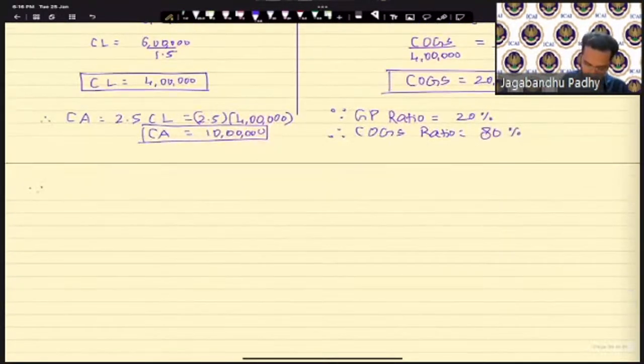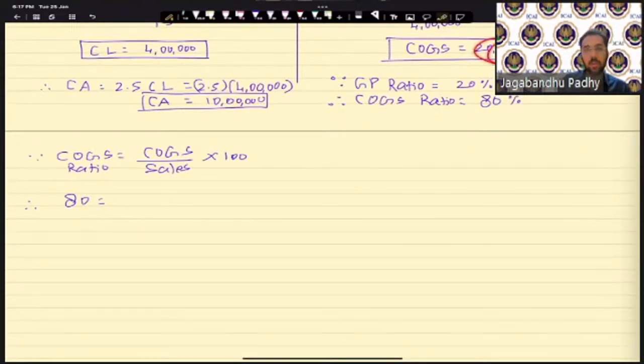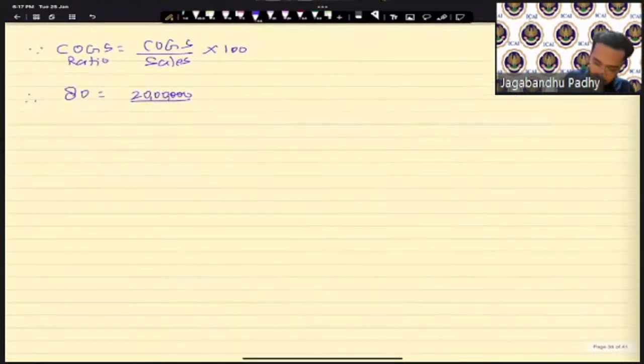And since our COGS ratio is calculated as what? It is COGS divided by sales into 100. So our COGS ratio is given to us to be 80. That's equal to the COGS amount that we have computed, 20 lakhs, divided by sales into 100.